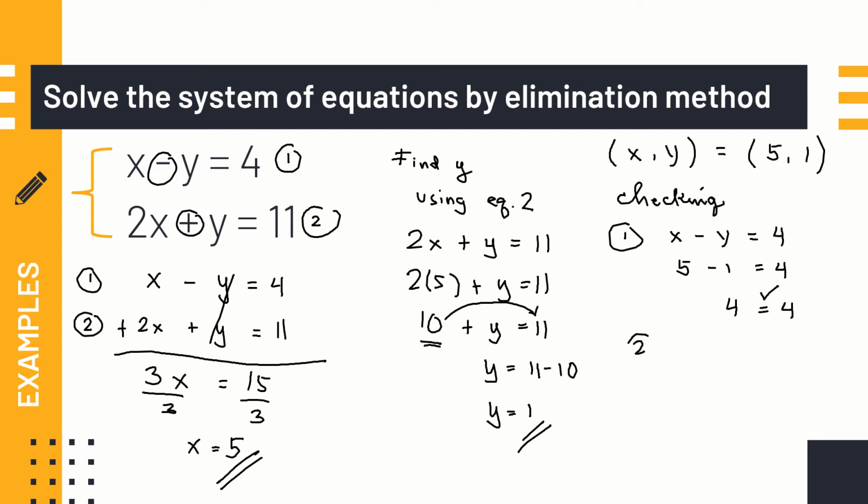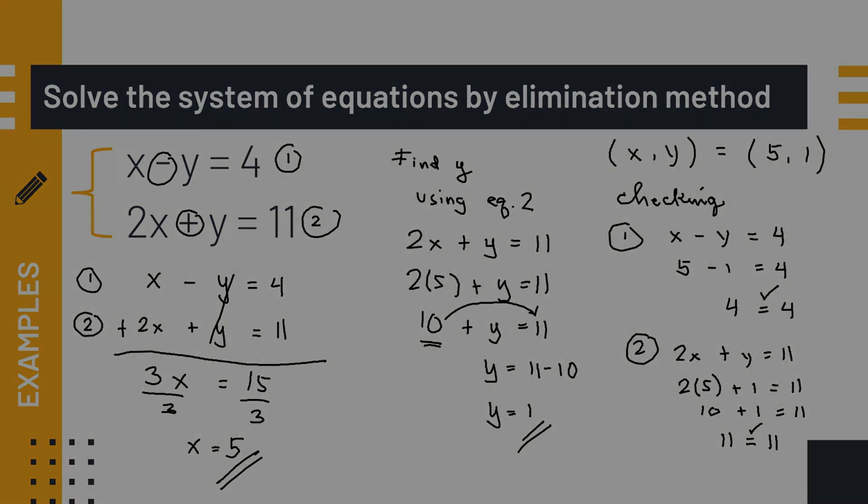So correct. Let's have the second one. If we have 2x plus y equals 11, then let's substitute 5 in place of x and 1 in place of y. So 2 times 5 is 10, plus 1 equals 11, and 10 plus 1 is obviously 11, equals 11.